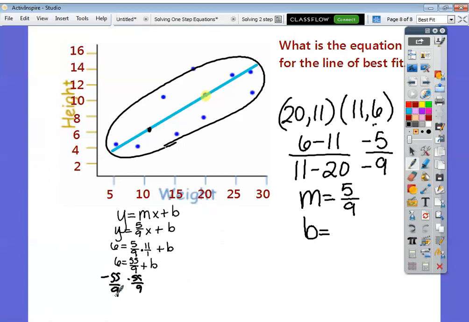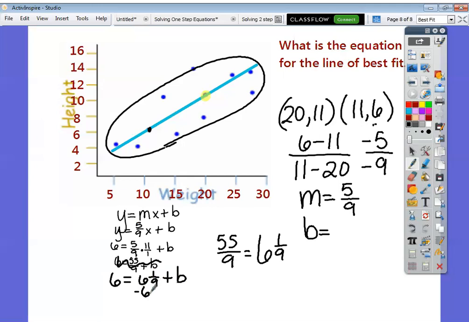Actually, let's change 55/9 into a mixed number. 9 goes into 55 6 times with 1 left over, so 55/9 is really 6 1/9. Let's use that number instead. So 6 equals 6 1/9 plus b.